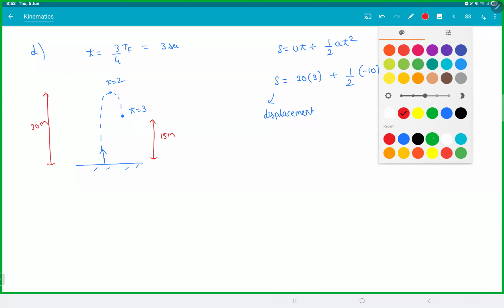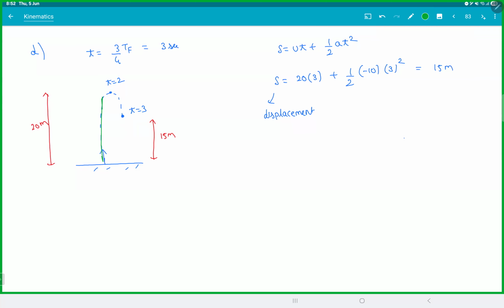That means this particle has traveled till h max in 2 seconds, 20 meters. Then in the 2 to 3 seconds, it came down 5 meters. So the total distance is 25 meters. Is that clear, everyone? The question was distance traveled. Displacement is still 15 meters.